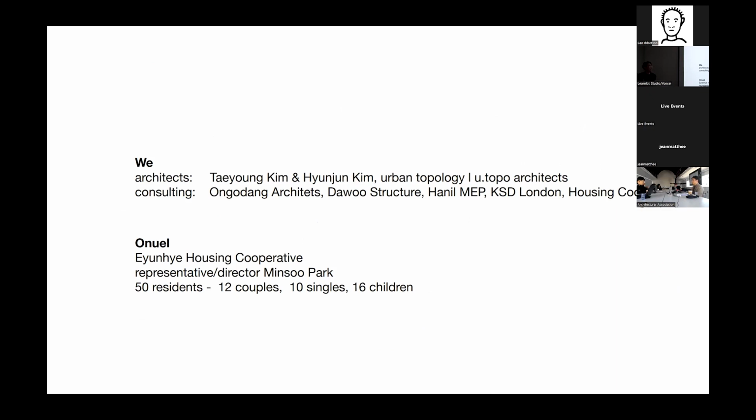So from this page, when we say we, it's the team, the architects team, and also our consultation team. Yes. And when we say owner from this page, it's the community members who participated at that point in this design process and also decision making.